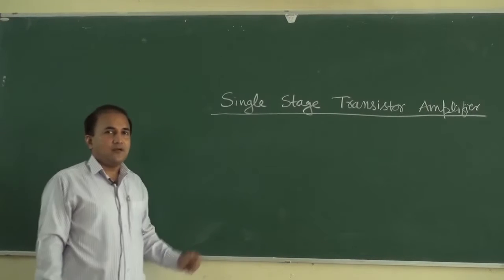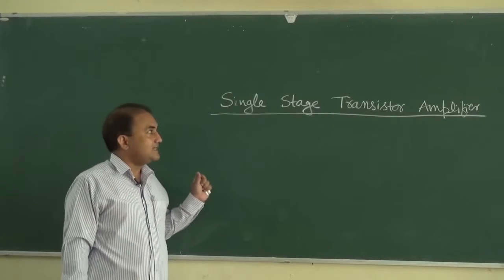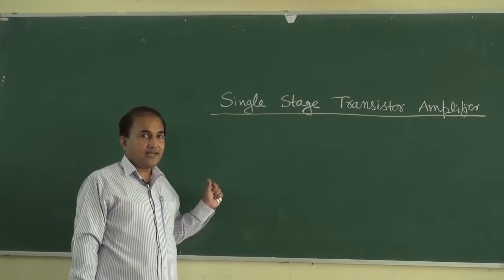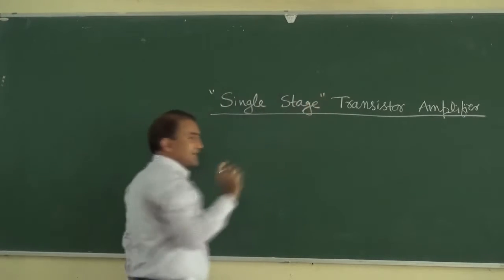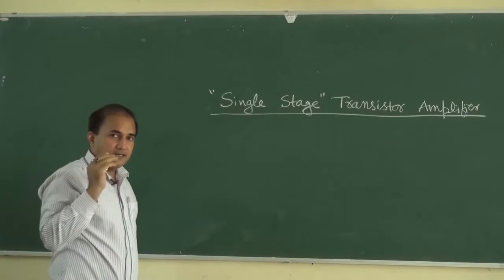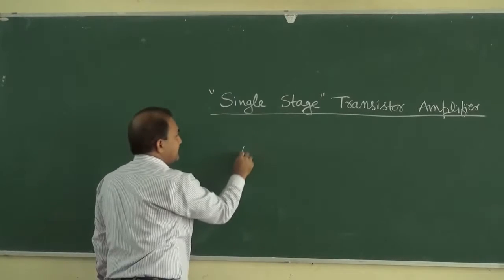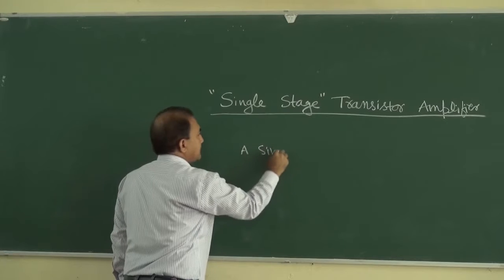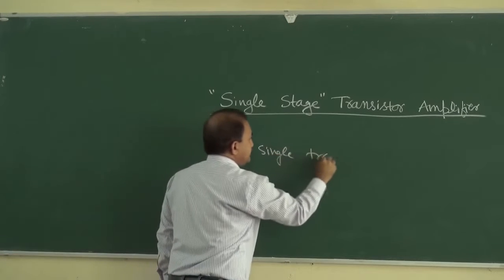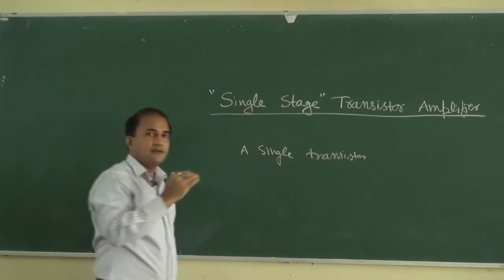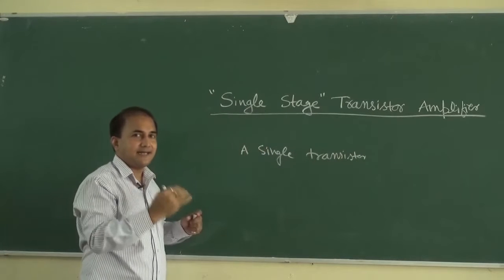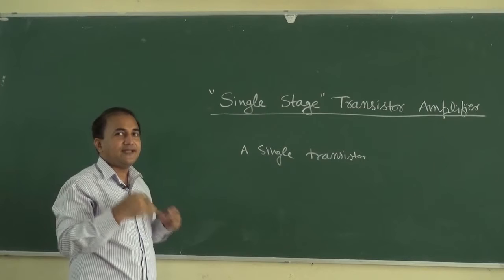So in this class we will study about single stage transistor amplifier. Okay, so why single stage? In single stage we are generally using a single transistor along with the associated circuits for amplifying weak signal.